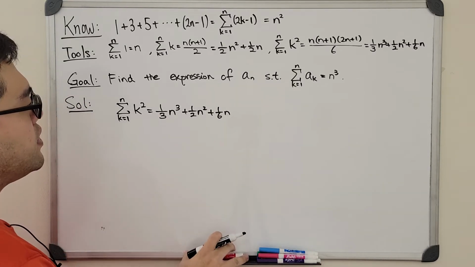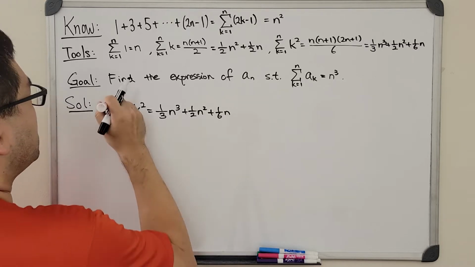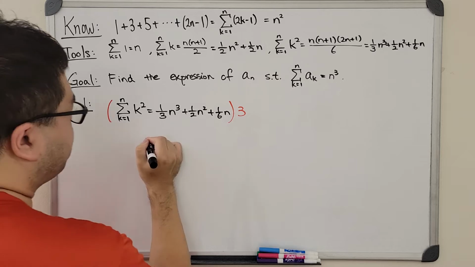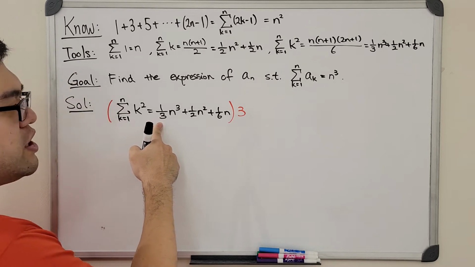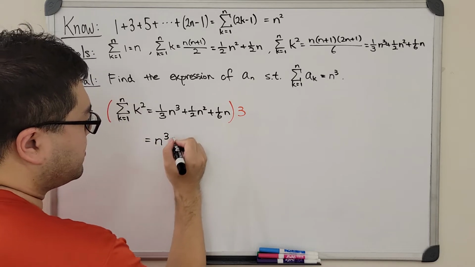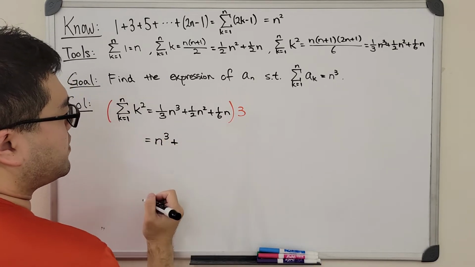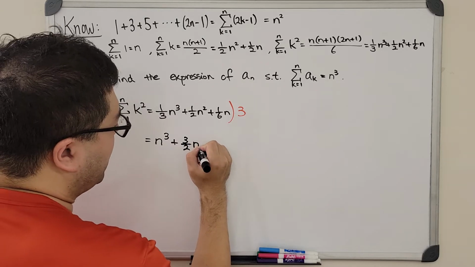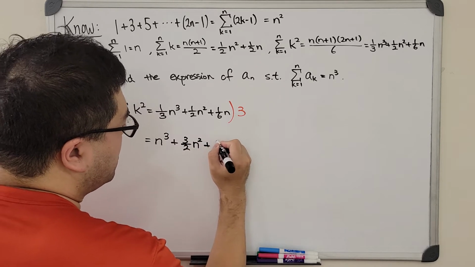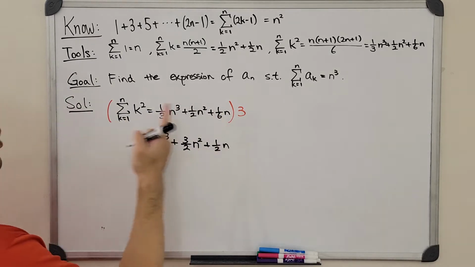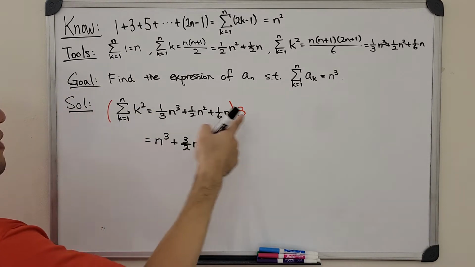Or, in other words, we need to multiply both sides by 3, so that on the right-hand side, the 1/3 in the leading coefficient will cancel with the 3 to end up with n cubed. Then if we multiply everything in, we get 3/2 of n squared plus 1/2 of n. Now on the left-hand side, we're going to multiply this thing by 3.